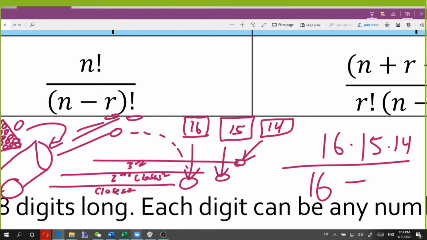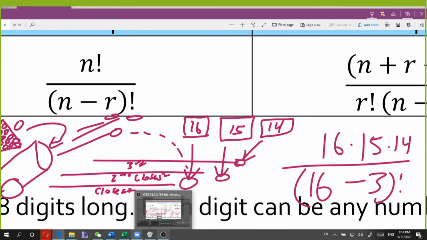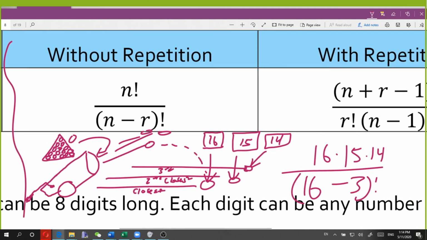If I'm going to pull 3 of these balls that are closest to the cannon, that would be 16 minus 3 factorial, which is 13 factorial. So our 13 factorials will cancel, and that leaves us with 16 times 15 times 14, which is what this formula does.